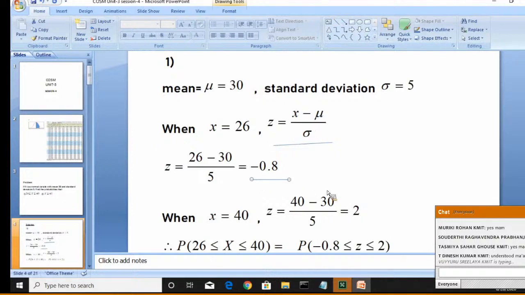Next, 26 less than or equal to x less than or equal to 40 is coming, so 40 I am substituting. 40 minus 30 by 5, answer will be 2. Now our problem, 26 less than or equal to x less than or equal to 40, will change to probability of minus 0.8 less than or equal to z less than or equal to 2. Am I correct or not?